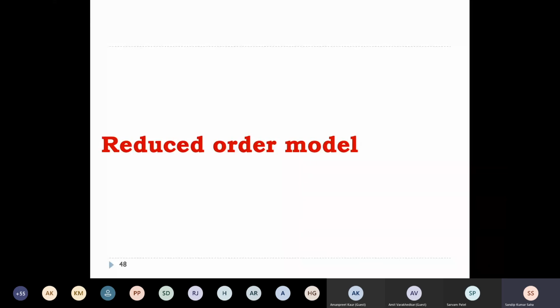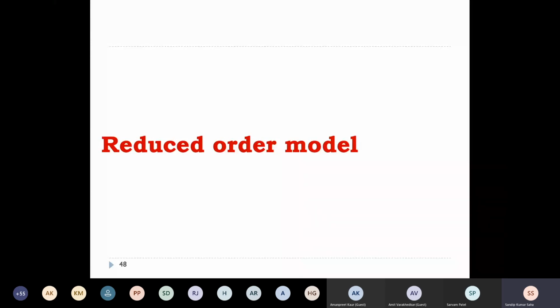So if you want to test the dynamics of a thermal energy storage system for 2 or 3 days of operation, it will take a long time to simulate. It may not even be possible, depending on the computational facility.